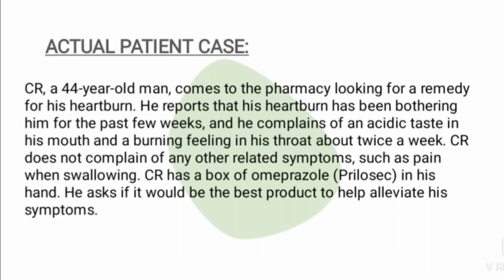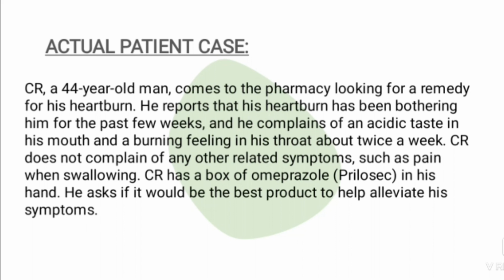The actual patient case is CR, a 44-year-old man who comes to the pharmacy looking for a remedy for his heartburn. He reports that his heartburn has been bothering him for the past few weeks, and he complains of an acidic taste in his mouth and a burning feeling in his throat about twice a week.